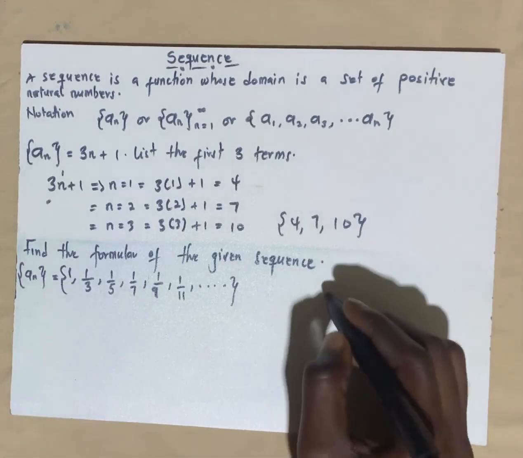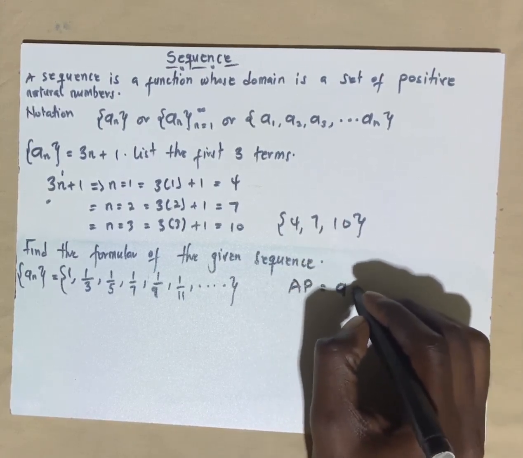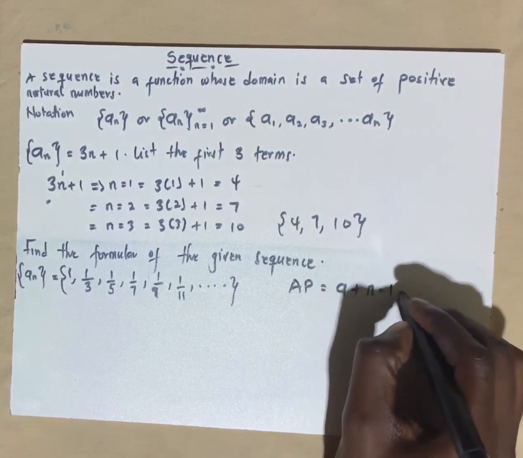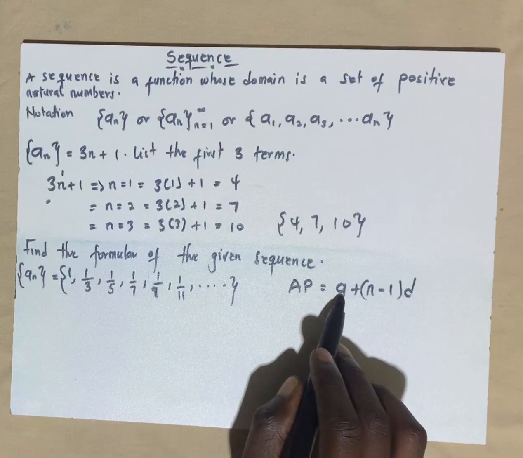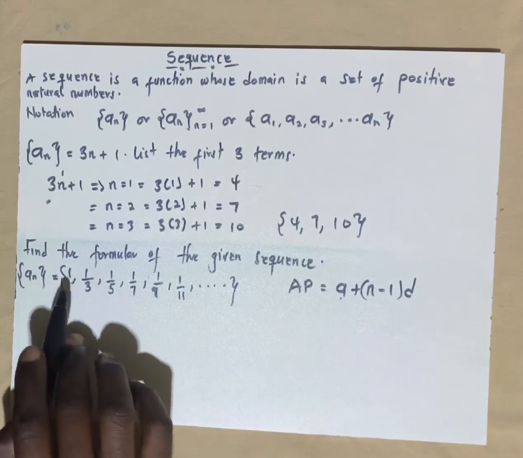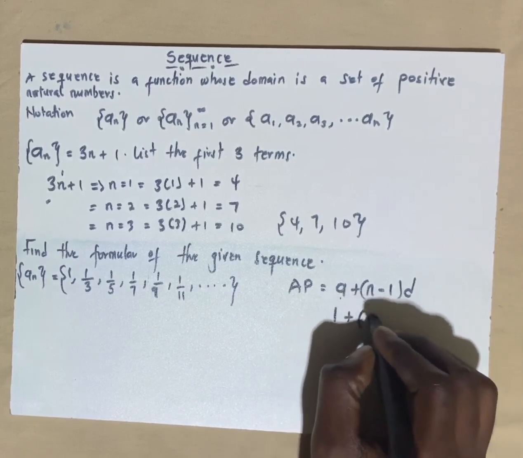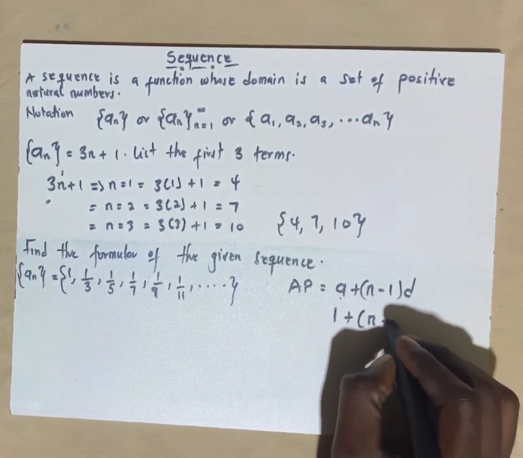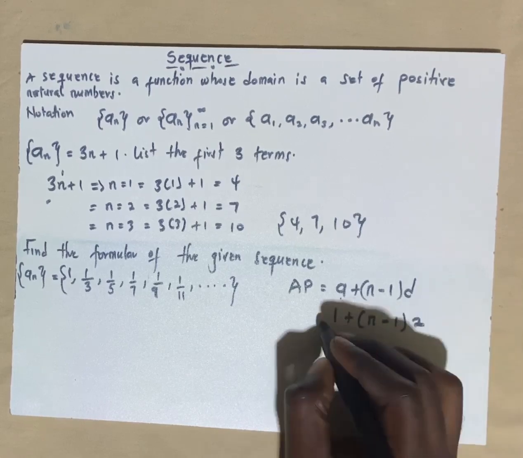Which means we can easily use our arithmetic progression formula, which is a plus (n minus 1) multiplied by d. The a over here stands for the first term. So the first term over here is 1, plus our n, because we are trying to find the formula, minus 1, multiplied by d. What was d? d was the difference, and the difference was 2.